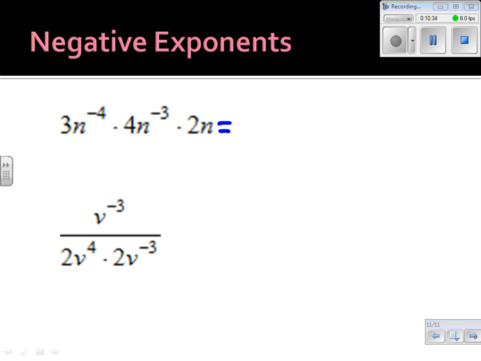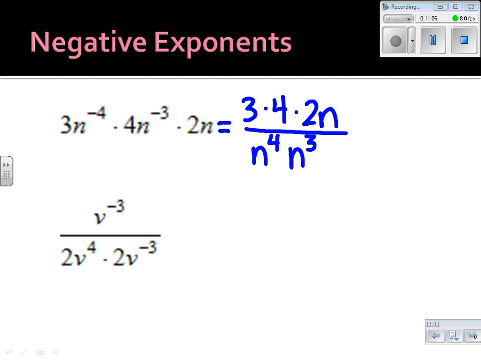In the first one, we have 3 to a positive 1 exponent, so we'll leave that in the numerator. Leave n to the negative 4. Since 4 is negative, we're going to put n to the 4th in the denominator. Then we're multiplying it by 4, which has a positive 1 exponent, so we'll put that on top. And n to the negative 3, so we'll move that to the denominator by making it a positive exponent. And then we'll multiply it by 2n.